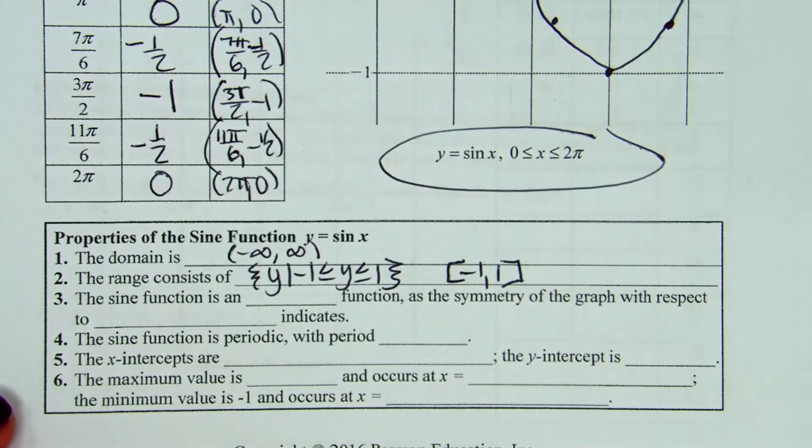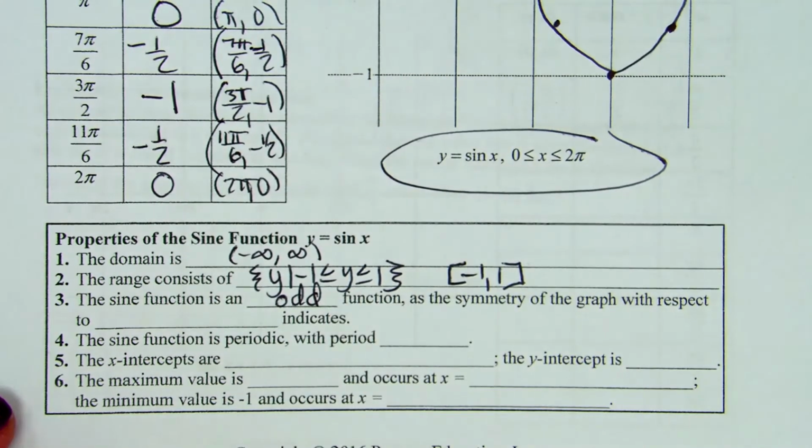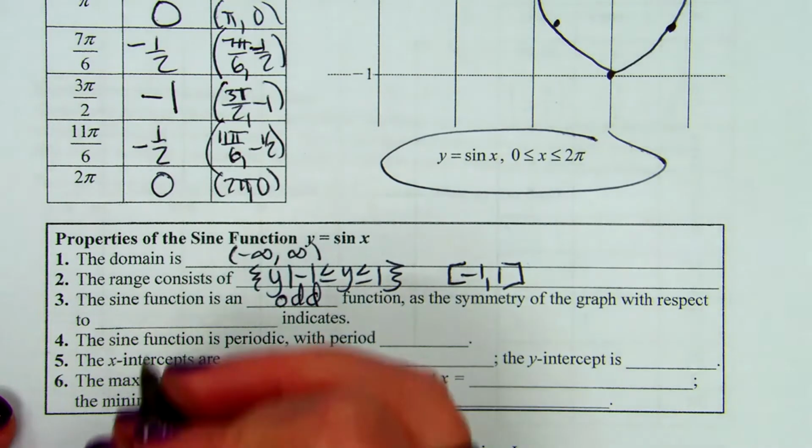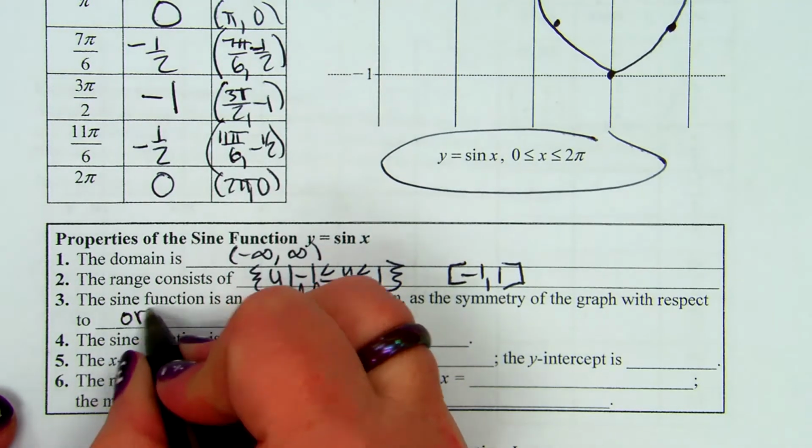The sine function is an odd function, if you remember. It's odd. Cosine and secant are even. So the symmetry is just with respect to the, does anybody remember if it's odd what symmetry it has? It's with respect to the origin.